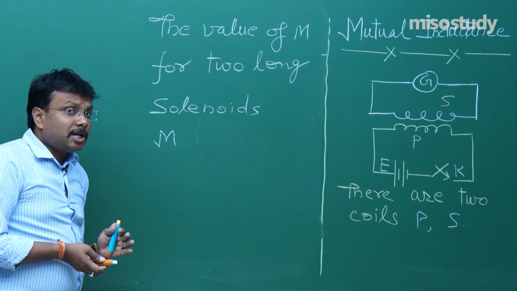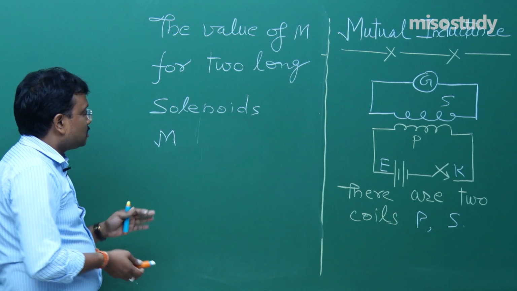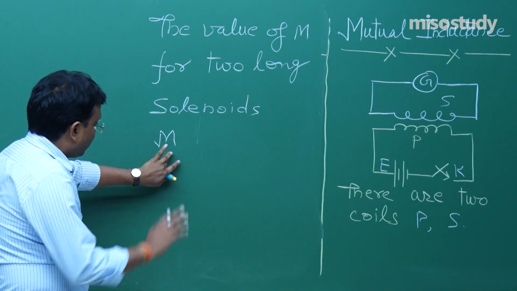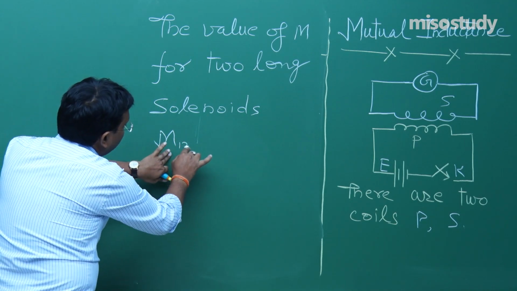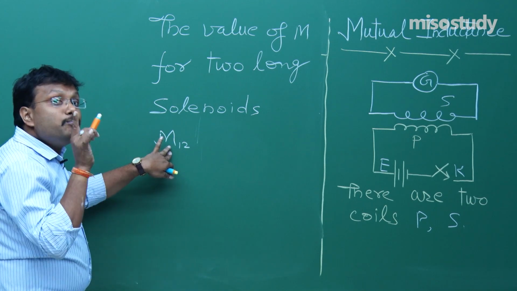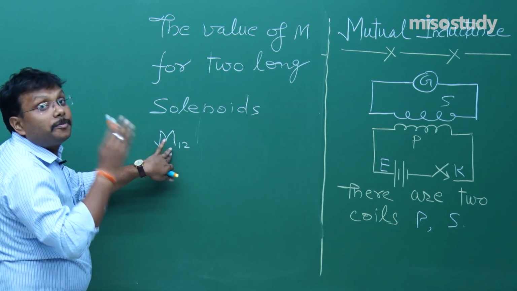Solenoid is something which I already discussed with you. So, it is like M12, that is mutual inductance of 1 with respect to 2.